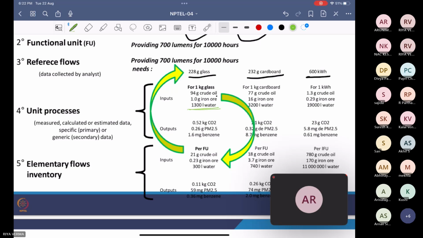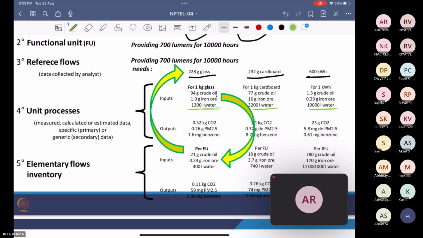Similarly, for 1 kg of cardboard, we need 77 grams of crude oil, 16 grams of iron ore, and 3200 liters of water, right? And similarly, for the formation of 1 kilowatt hour of electricity, we needed 1.3 grams of crude oil, 0.29 grams of iron ore, and 19,000 liters of water. So these are all the inputs.